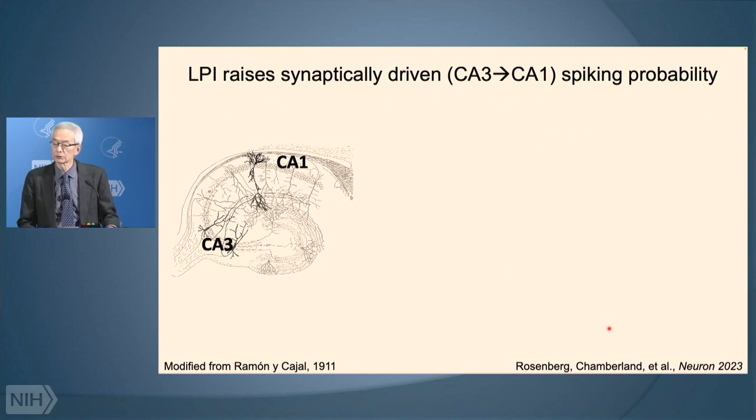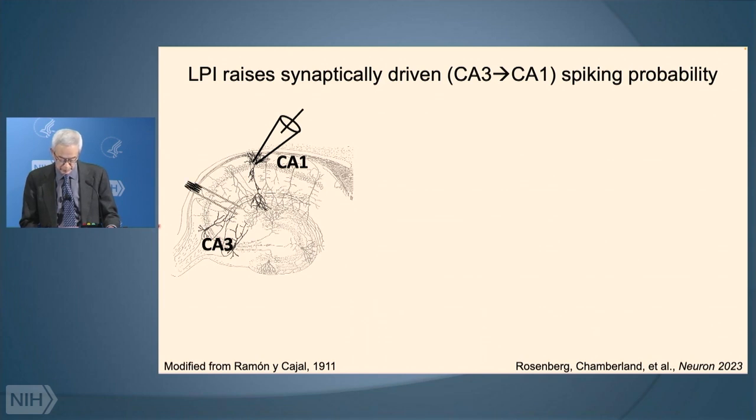What happens to neuronal function? We studied that in slices from the hippocampus that have the classical regions described by Ramon y Cajal, the CA1 region, which is the target of synapses given off by CA3 pyramidal cells that send axons along the Schaffer collaterals to innervate the CA1 neurons.